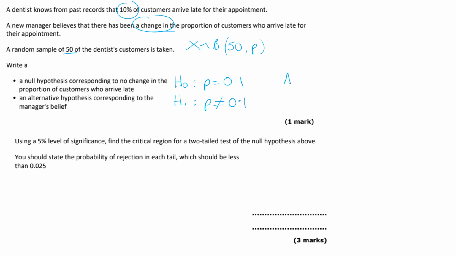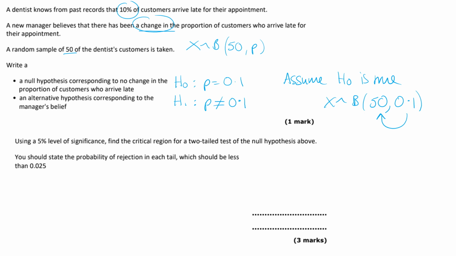And then we can assume H0 is true. So then X will be binomially distributed with sample size 50 and a p of 0.1. That means we think 10% of the 50 people are going to be late, so we're expecting 5 to be late. So how far either side of 5 does it need to be?